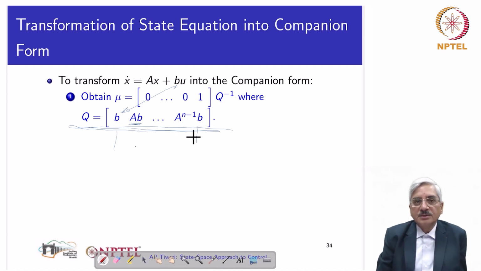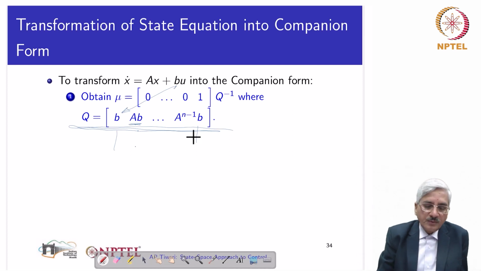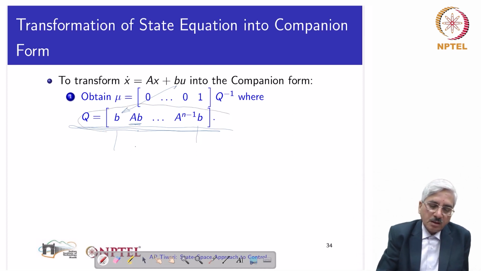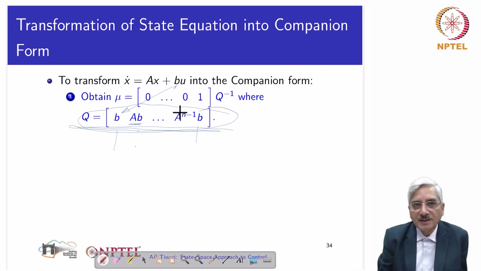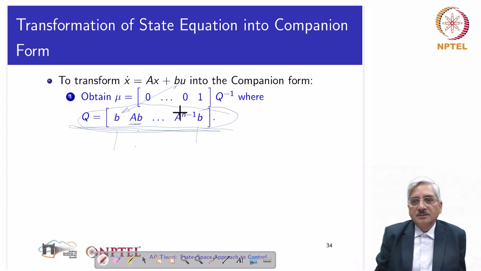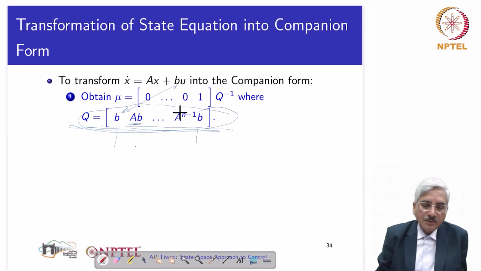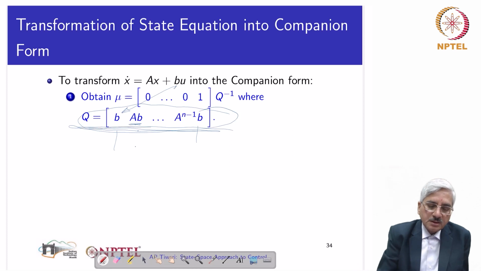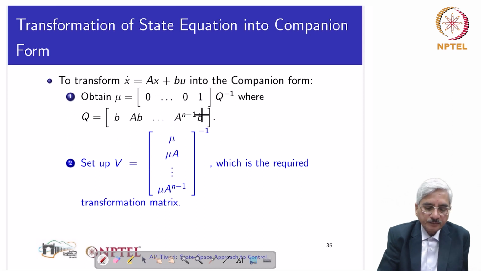And subject to the system being controllable, we will find that this Q matrix will be non-singular. In case of uncontrollable systems, this Q will be singular. However, we are dealing with a controllable case. When we discuss controllability, we will discuss the case of a system not satisfying controllability, and how to still transform it to companion form.